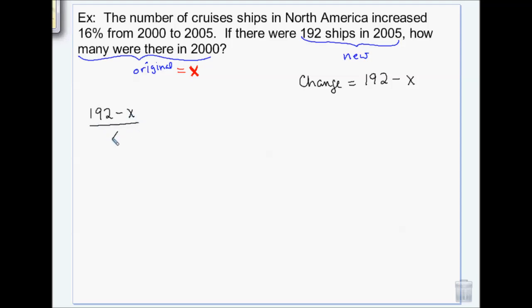And our original is X. So if we do new minus original over original, and that equals our percent, which was 16%, only we can't really use it as a percent, so we need to convert it and make it 0.16. Right?